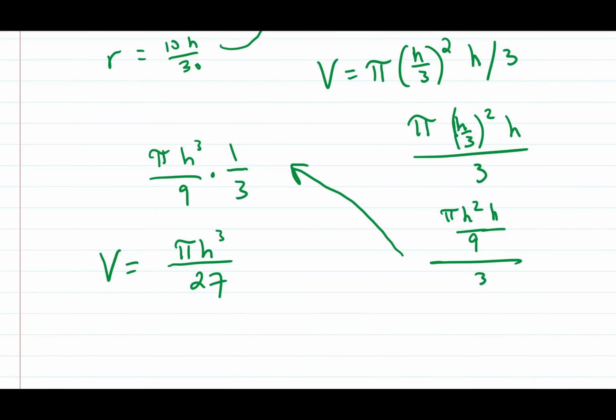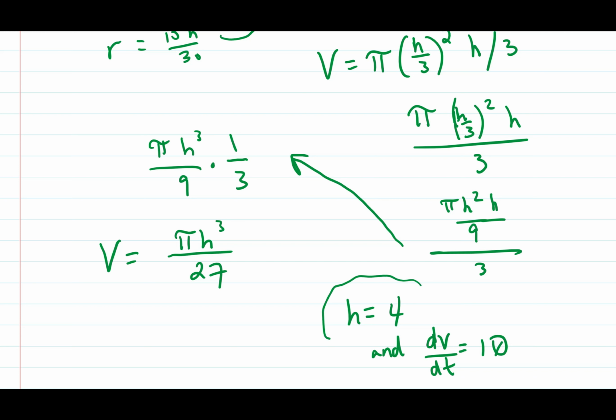So now let's take the derivative of both sides, and then plug in what we have. We have H is equal to 4, and dV/dt we're told is 10.